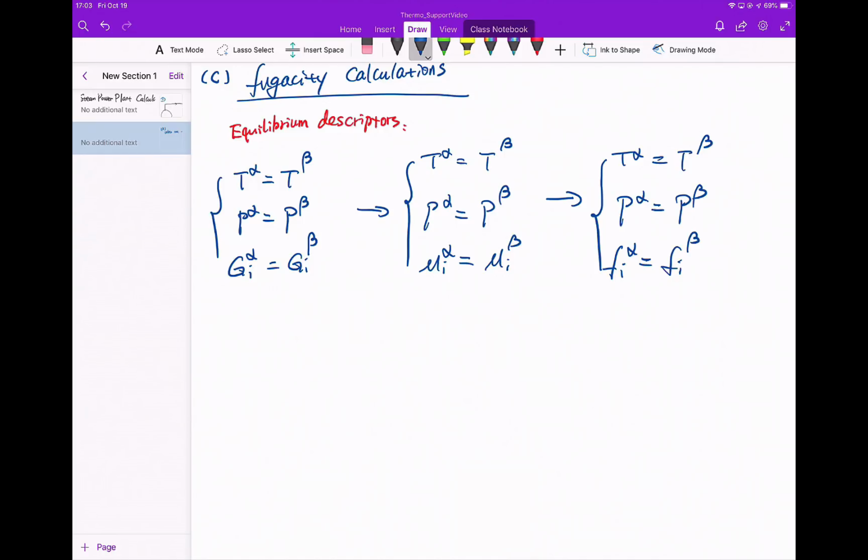So for the fugacity calculations, we start with ideal gas. So we have it defined, then we try to look at gas. For gas, I hope you recall we discussed the following cases.